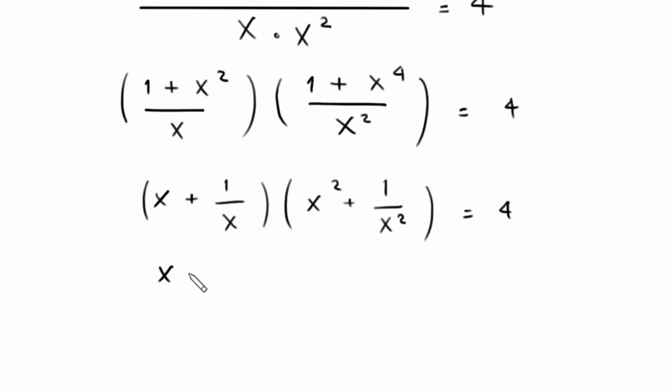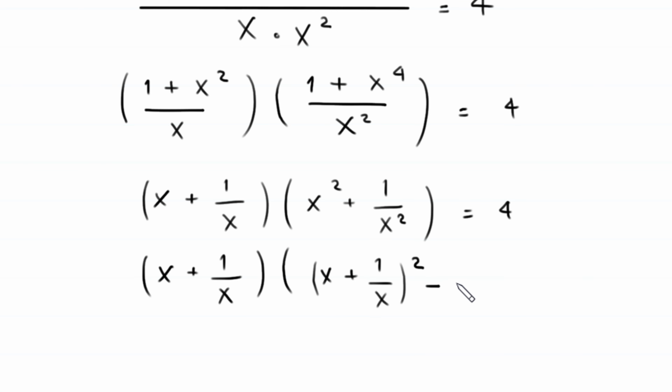Next, x + 1/x times this x² + 1/x² can be written as (x + 1/x) whole squared minus 2 times x times 1/x is equal to 4.